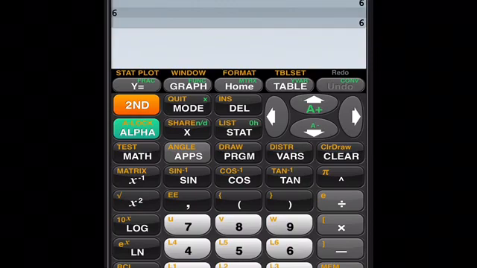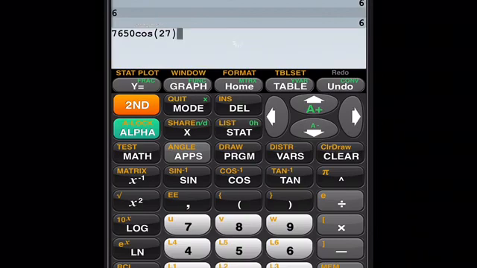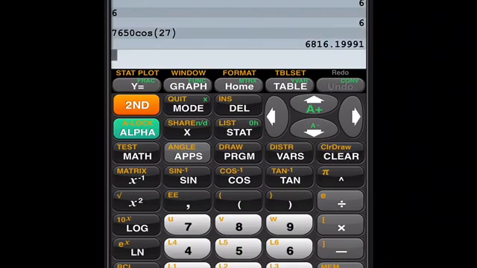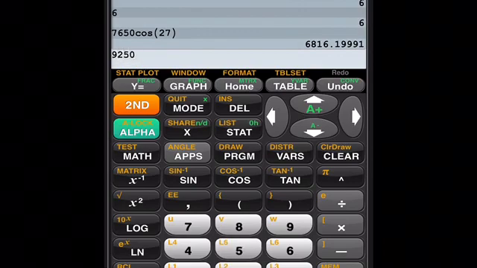Okay, so we're going to do 7650 cosine of 27. That gives us our 6,816 point and so on. I'm now going to do 9250 minus the answer from the previous question, which was that 6,000 number.